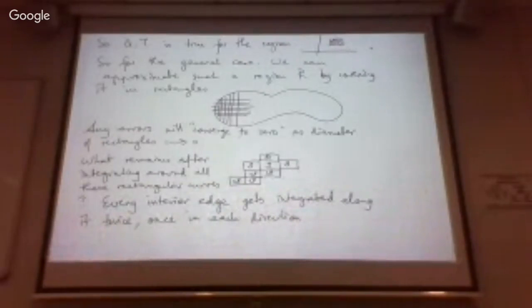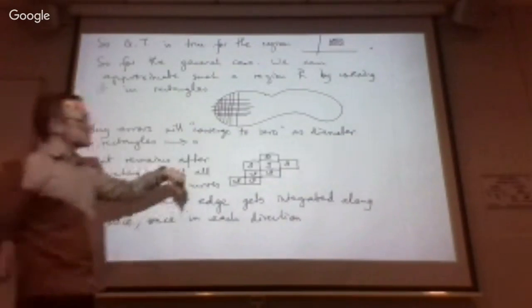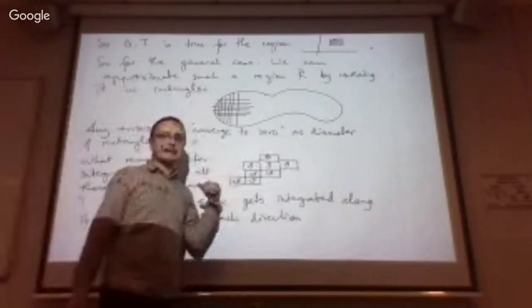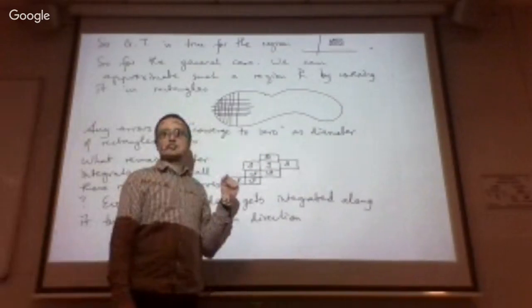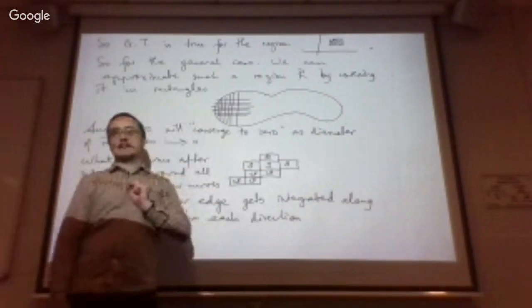But you're integrating the same thing. You're integrating p dx plus q dy. So what happens when you add together those two integrals? When you integrate it once right to left, and the other time left to right, those two integrals will carry the opposite sign, okay? Because changing the direction along a curve reverses the sign of the integral. So when you integrate around the boundary of all these rectangles, all the interior edges are cancelled out.